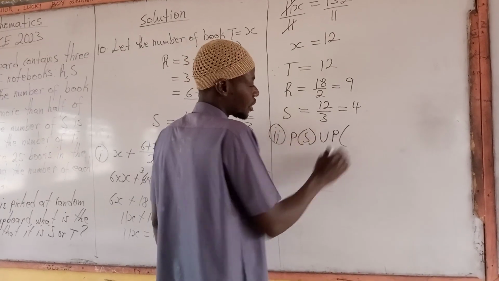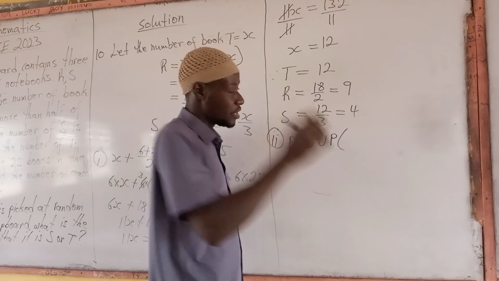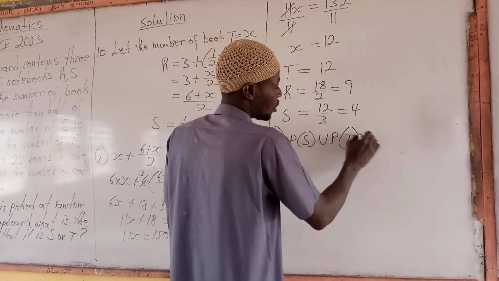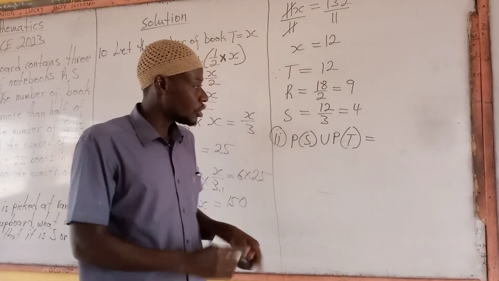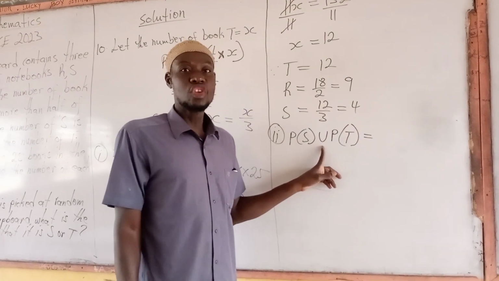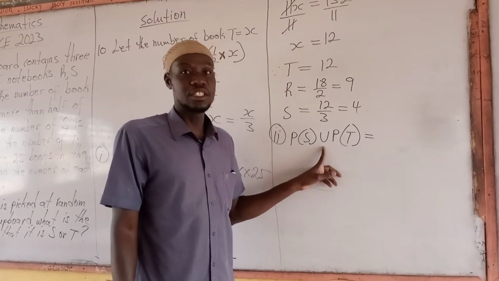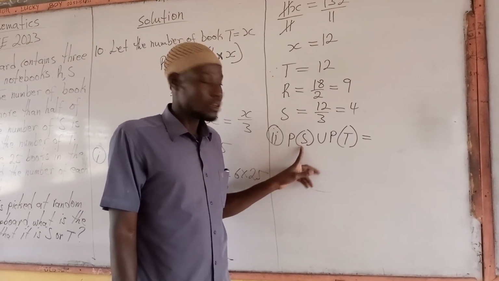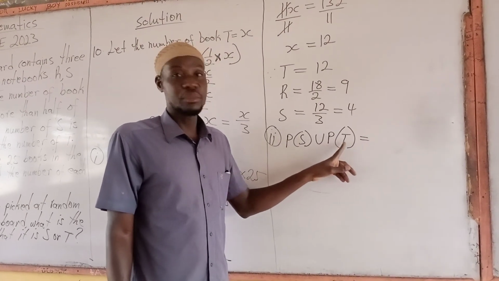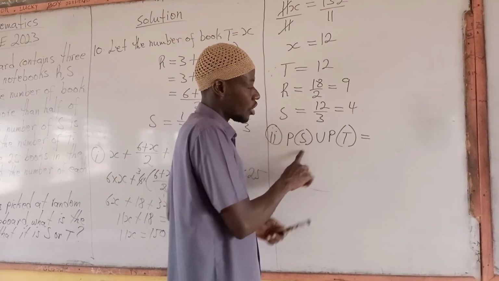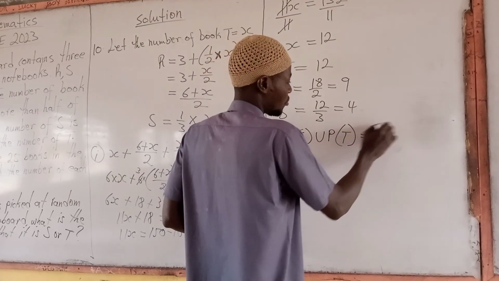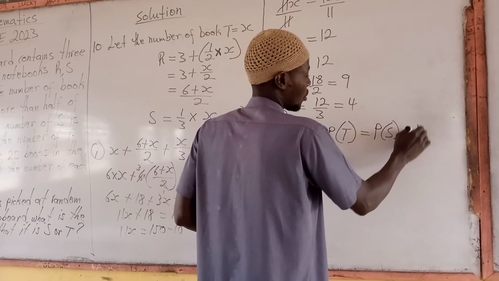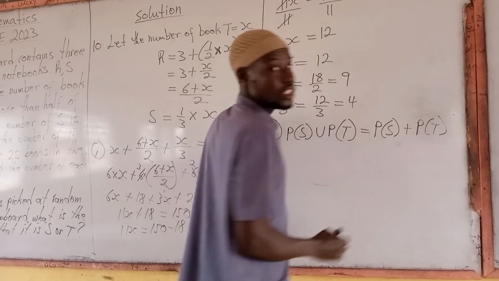We learned that union in probability stands for addition. So this will be probability of S plus probability of T.